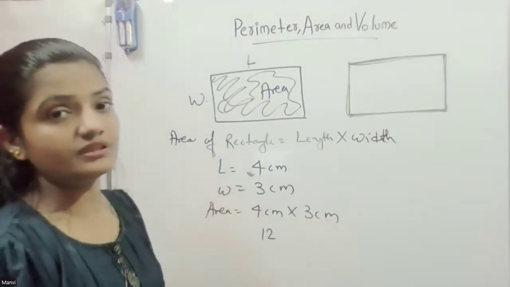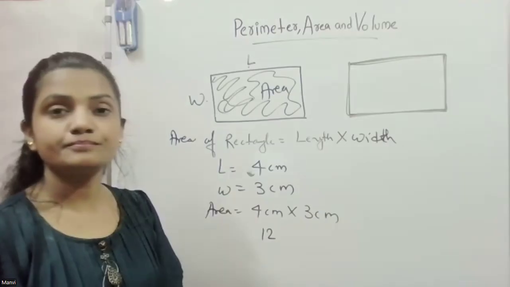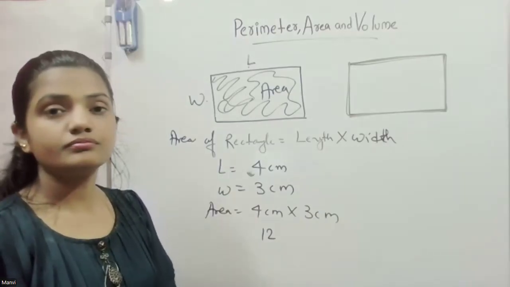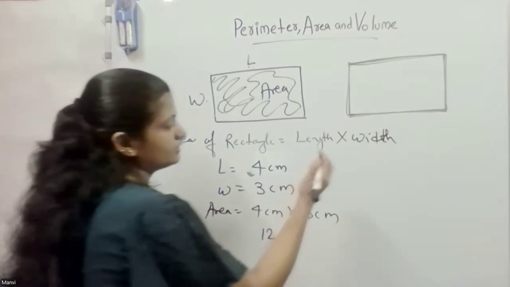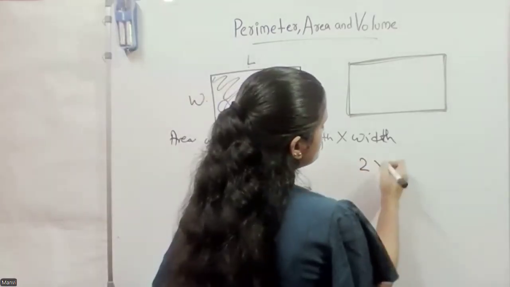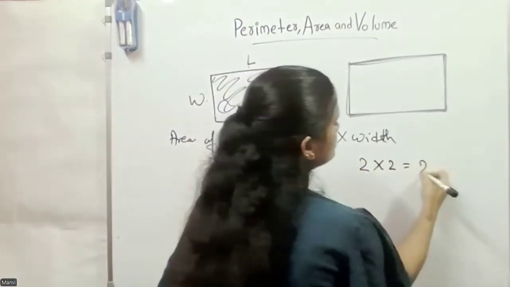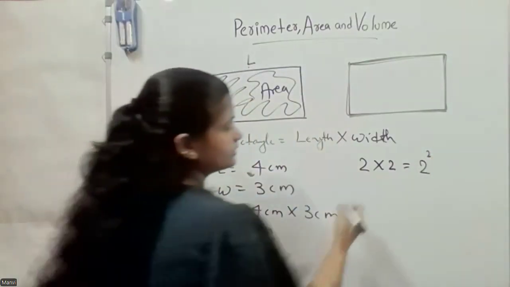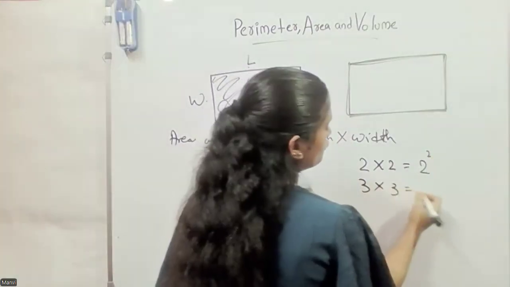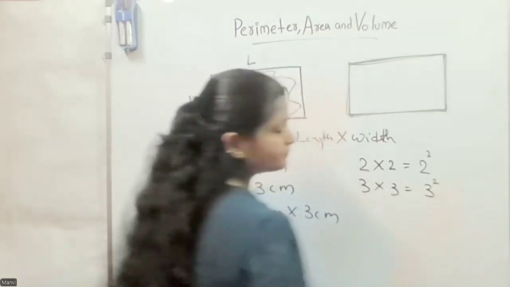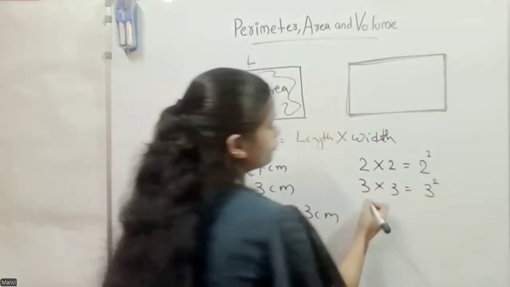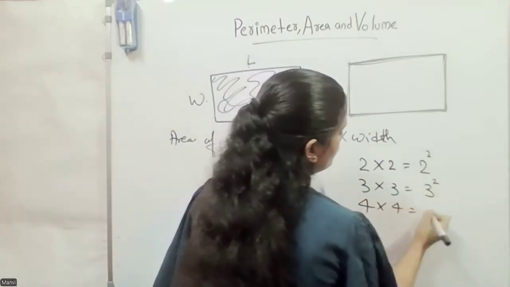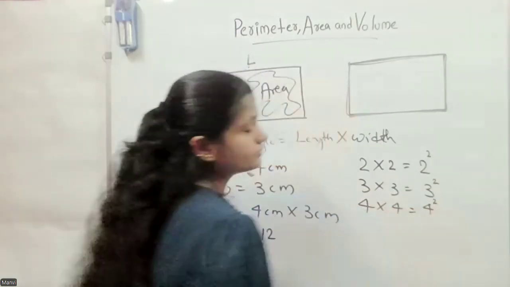Centimeter times centimeter will be what? 2 times 2, can we write it like 2 with the index of 2? Yeah. 3 times 3 will be 3 with index of 2. 4 times 4 will be 4 with the power of 2.